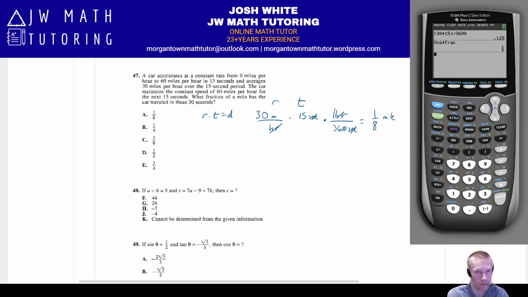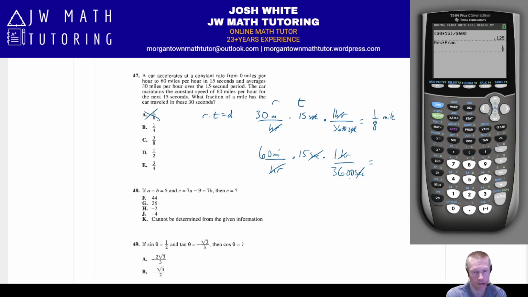Okay, so right off the bat, we know that A is going to be wrong, because the car obviously also travels some distance for the second part. For the second part, everything's going to be the same, except now it's 60 miles per hour, again times 15 seconds, and again times the same unit conversion of 1 hour over 3,600 seconds. Notice these units cancel out.